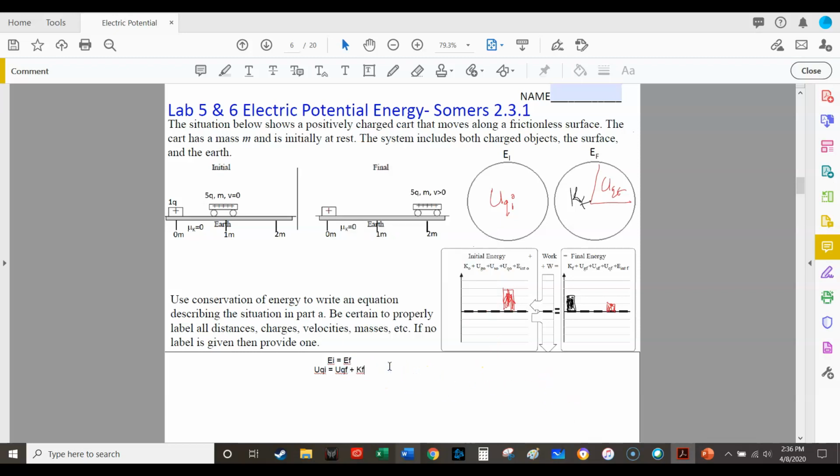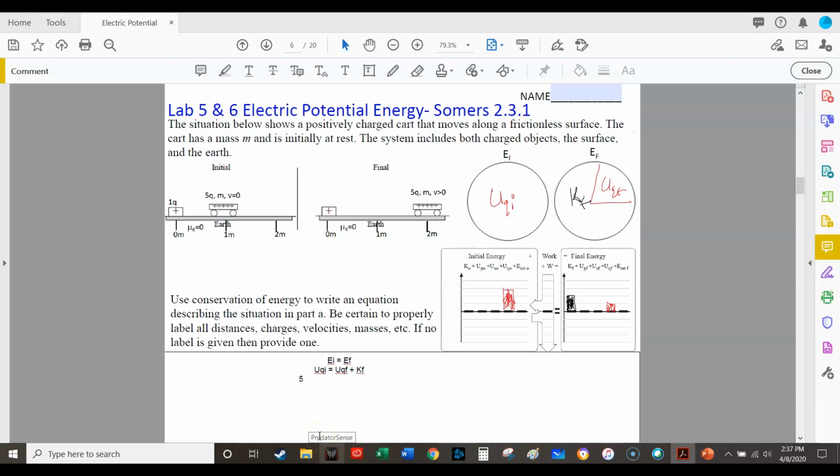Okay. Well, U sub Qi is equal to Q. It's actually, so our object being moved was a 5Q object. So U sub Qi is the charge of the object that we're looking at the energy on, times the voltage being applied to it, and the voltage is being applied to it due to this 1Q charge.